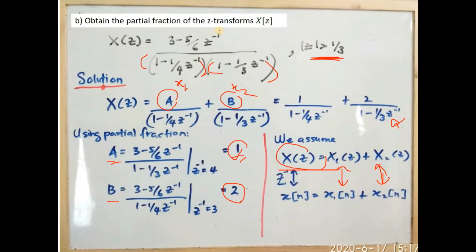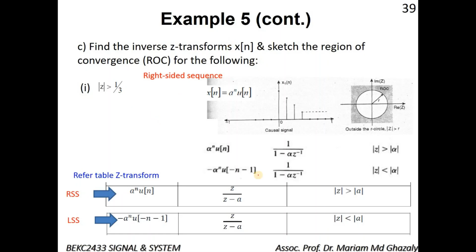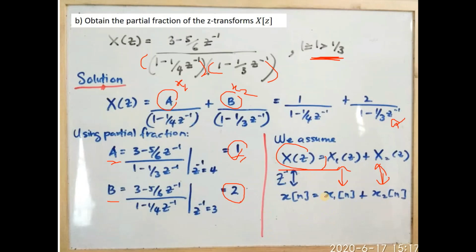So the question for part b was to get the partial fraction. So this is the answer for partial fraction. Okay, so later on we are going to use this part to answer for the region of convergence.